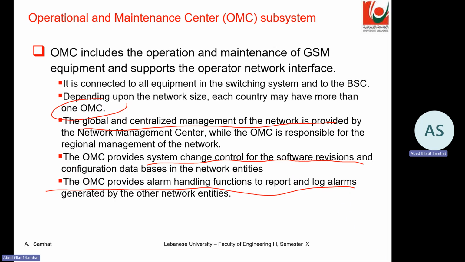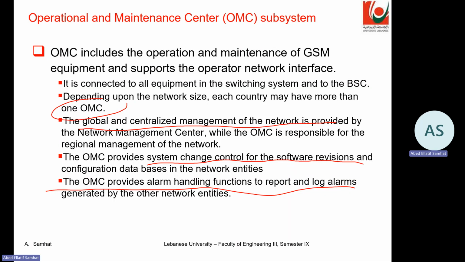We can also have troubleshooting functionalities at the OMC in order to detect problems and try to resolve them. The OMC is really an important part of the cellular system because a lot of information is collected and analyzed at the OMC level in order to take decisions or actions to have good services in the mobile network.